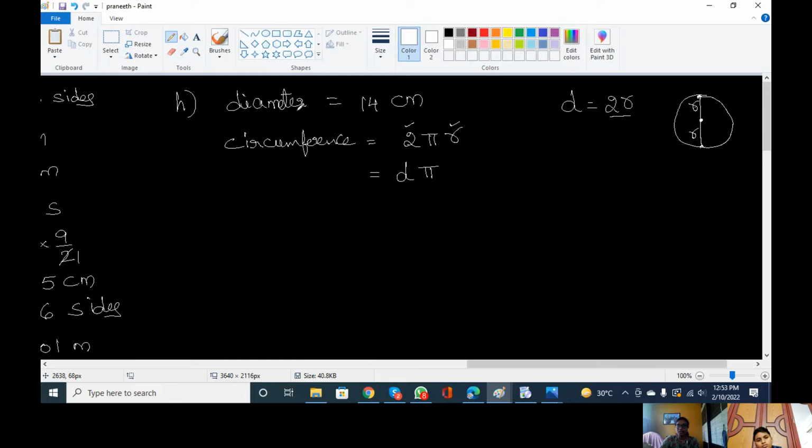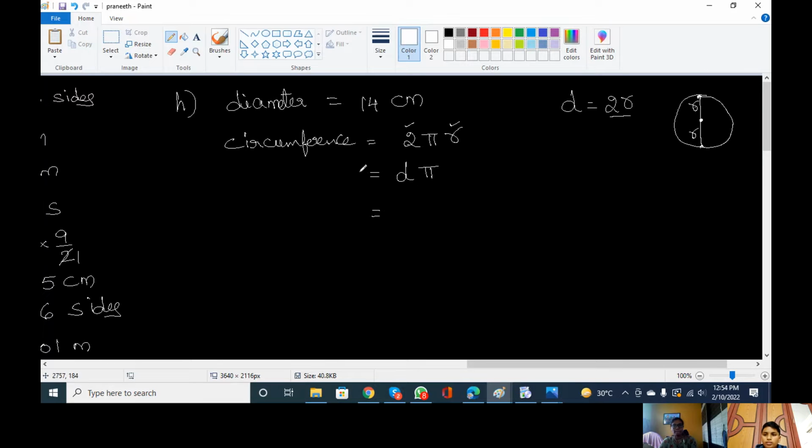Whenever they have given diameter, if you want to find out the circumference in terms of the diameter, use the formula d pi. If radius is given, then you can consider the formula 2 pi r. So it depends upon the question, you have to take the formula. No need of converting into the radius and substituting here.